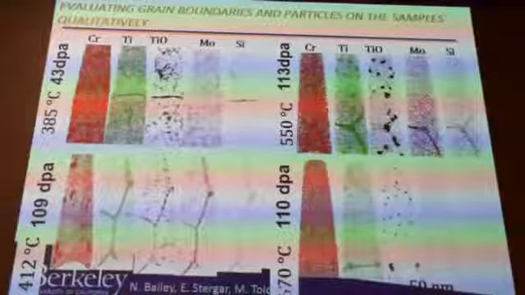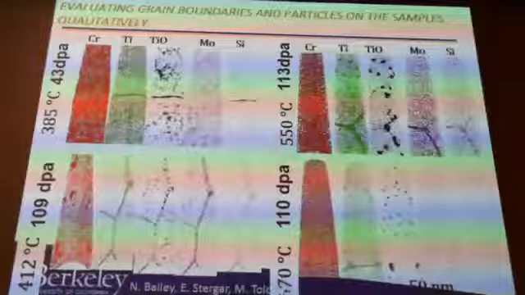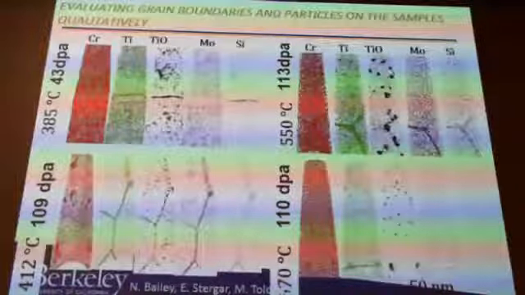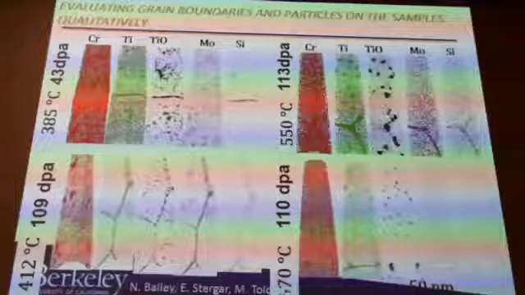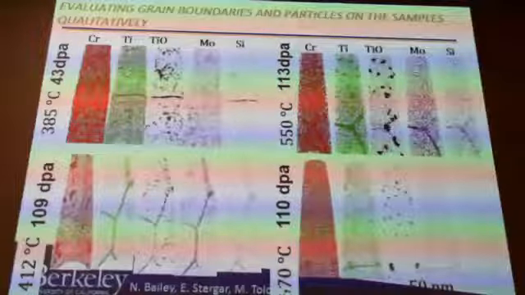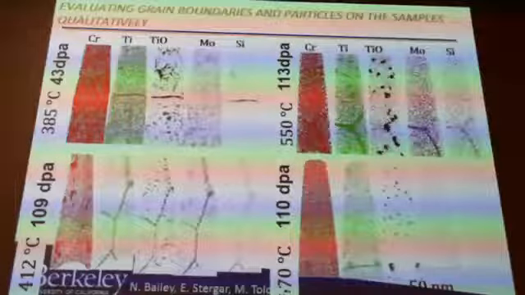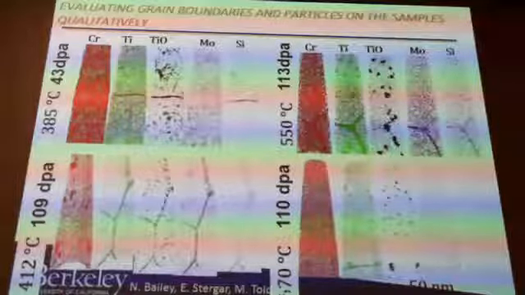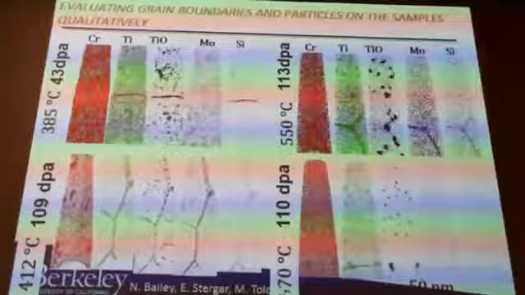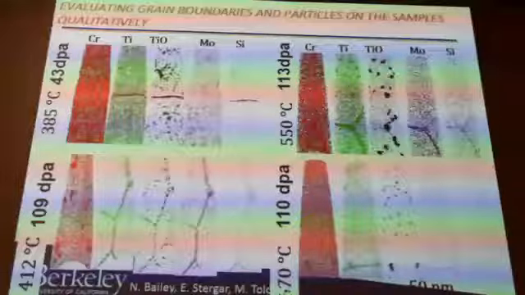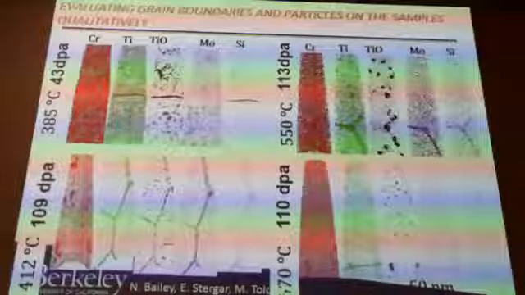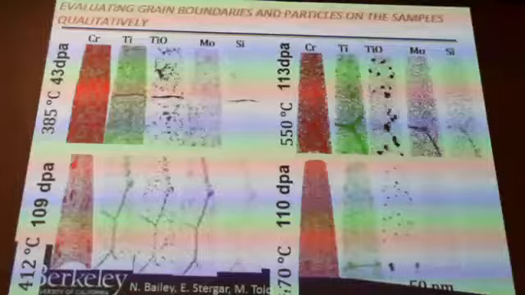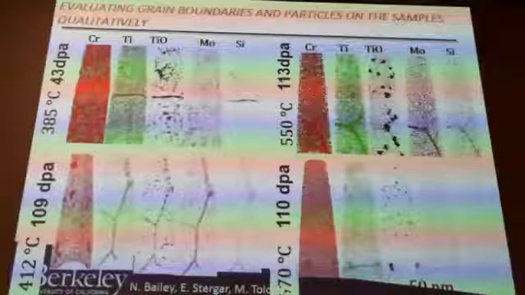In this instance, this is work done by Nathan Bailey, a graduate student who just graduated. We look at chromium, titanium, in this case plotted titanium oxide separately, moly, silicon, and whatnot, irradiated at different temperatures and different doses. What we can learn from this is that if you irradiate this material at low temperatures, you form these chromium clusters.